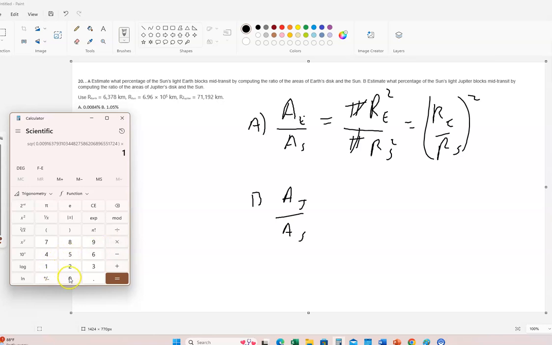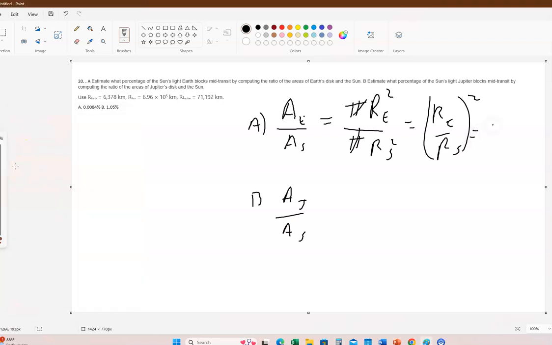Times 100, and that will get me, in terms of percentage, when the Earth is right across the Sun, it blocks 0.0084. It's 0.00839. So 0.0084% of the Sun's light.